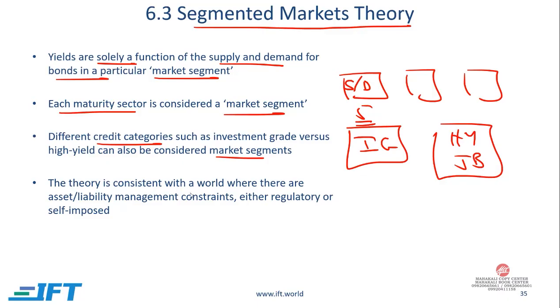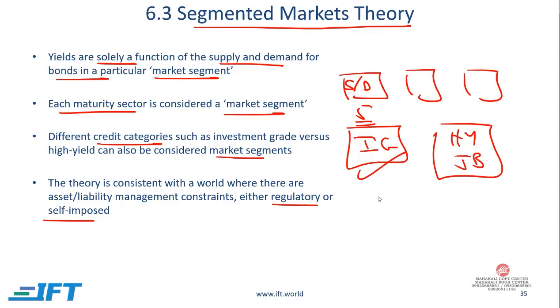The theory is consistent with a world where there are asset liability management constraints, either regulatory or self-imposed. So the point here is that many organizations that invest in fixed income securities have constraints. As an example, some investment managers might have a constraint that they can only invest in investment grade bonds.